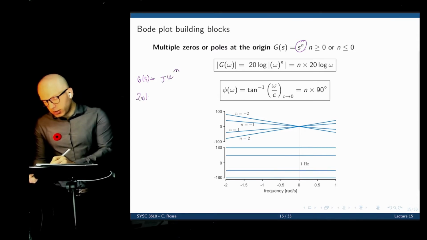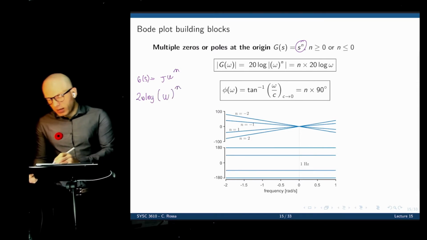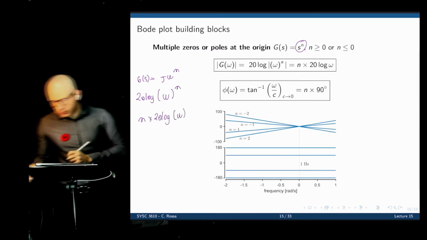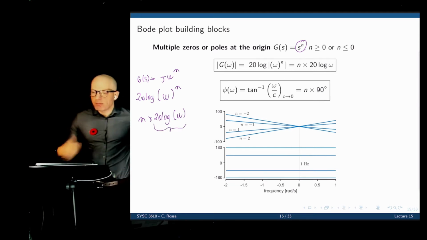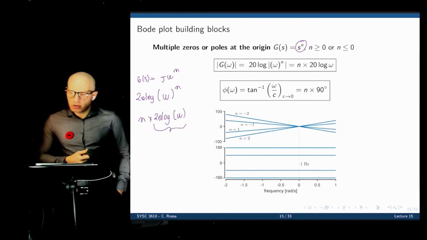This is 20 log of omega to the power of n. And because of the log property, we can write n times 20 log of omega.